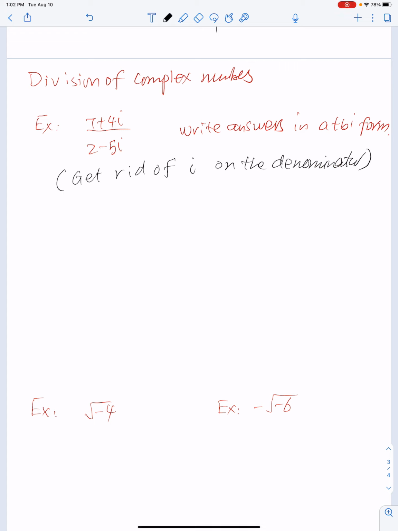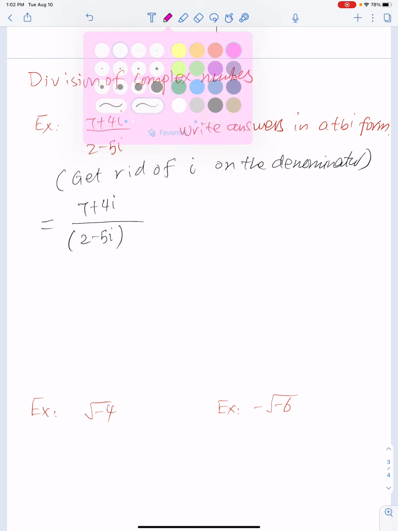How could we get rid of the i in the denominator? Does anybody remember? If we want to get rid of i, what should we do? Multiply the conjugate. Okay, multiply the conjugate.